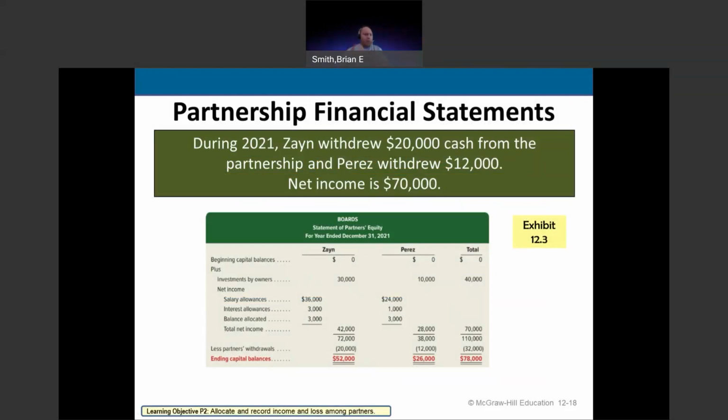If it's an income, it's going to be a credit. If it's a loss, it's going to be a debit. So when we record this, if it's an overall gain or net income, in this case 70,000, then we're going to debit the income summary 70,000, and then we're going to credit each account by whatever we calculated. In Zane's situation it was 42,000, Perez 28,000, and that's what our journal entry is going to look like.